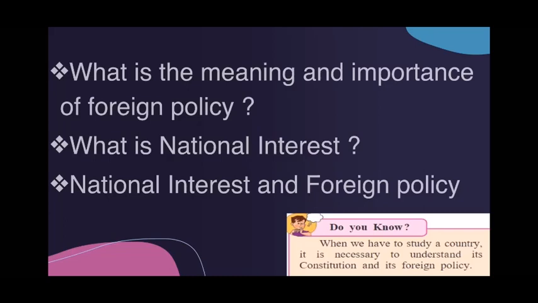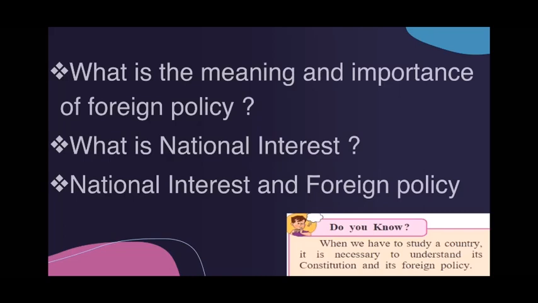Now each country has to decide the nations with which it should be friendly and with which countries it should maintain international relations. Such decisions should be made thoughtfully. The theoretical framework in which such decisions are taken is called foreign policy.